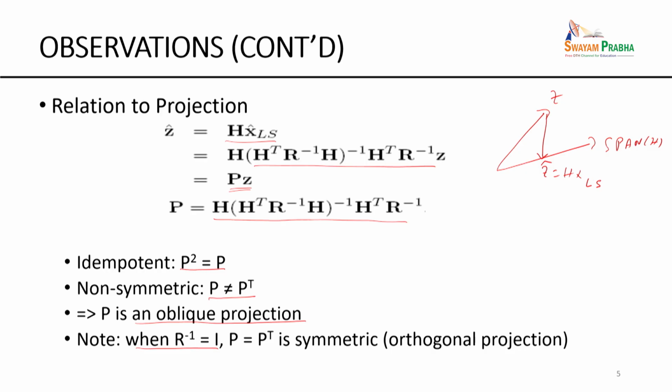The covariance matrix of the noise is an identity matrix, then this becomes symmetric, in which case it becomes an orthogonal projection. So it is the property of the observation noise covariance that decides the projection to be oblique or orthogonal.